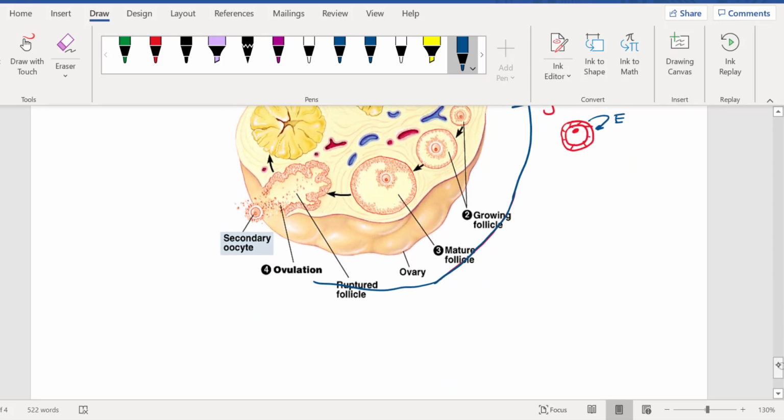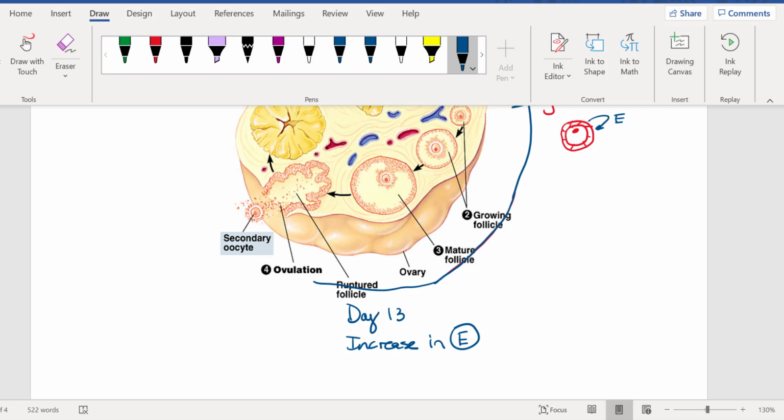All right. So as we get down to about day 14, but we're going to talk about day 13 for a second. So at day 13, there's an increase in estrogen. And what this does is it actually causes a surge of luteinizing hormone, and we've heard that when we talked about males before.